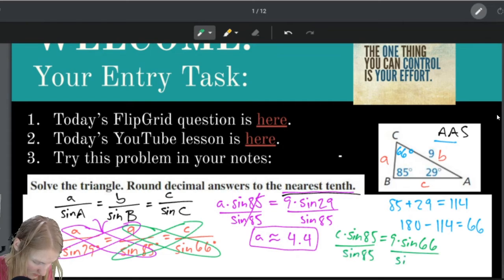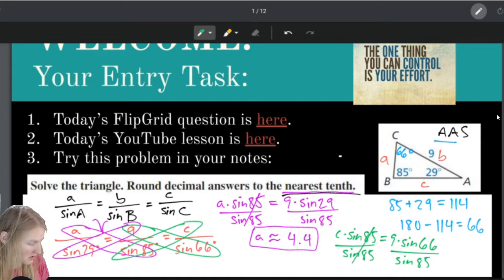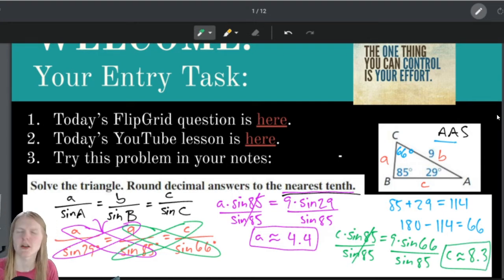Divide by sine of 85, and c is 9 times the sine of 66 divided by the sine of 85, which means that c is approximately 8.3. Ta-da! Now let me check that I have everything. I have all three angles, I can see that. I have side a, side b, and side c. So, we are done. Cool!